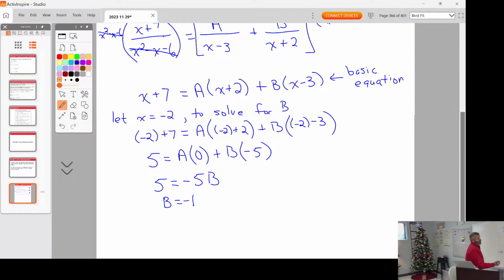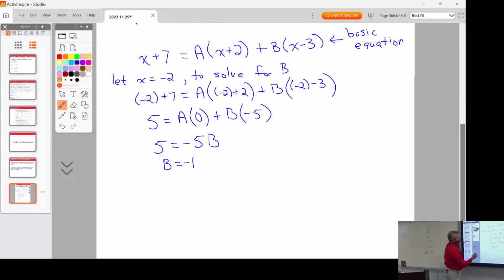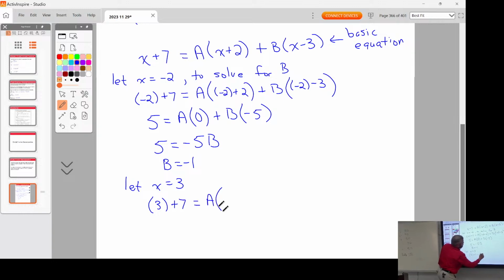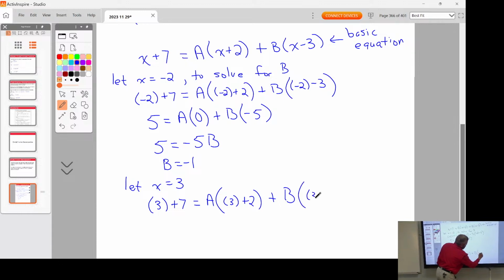Perfect. Let x equal 3. Going back up to my basic equation, that gives me 3 plus 7 equals a times 3 plus 2 plus b times 3 minus 3.